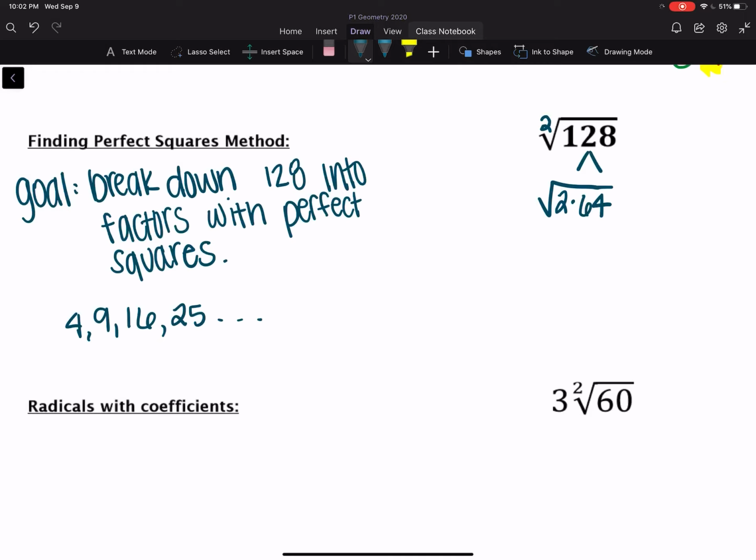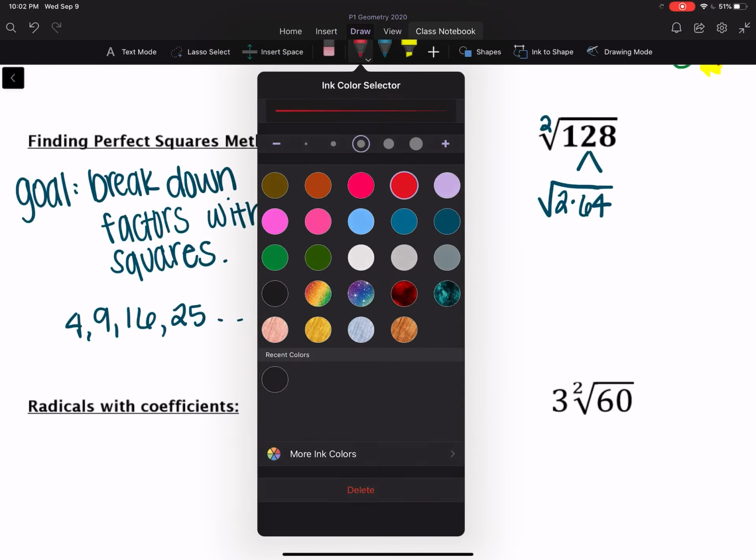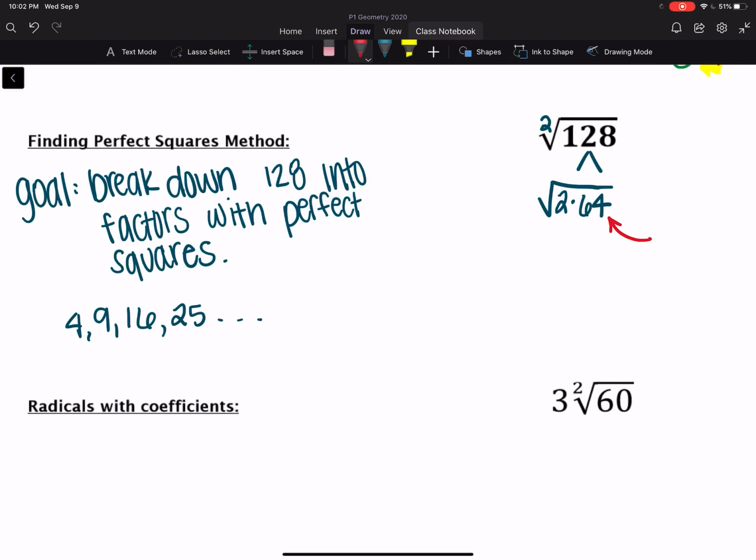Since I know my perfect squares and I've memorized them, I know that the number 64 is a perfect square, because I know that 8 squared equals 64.